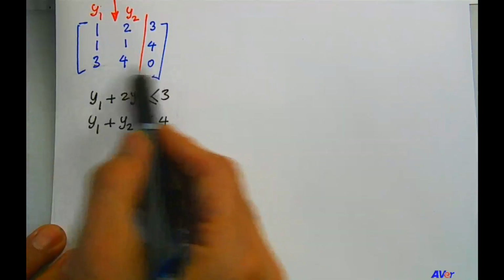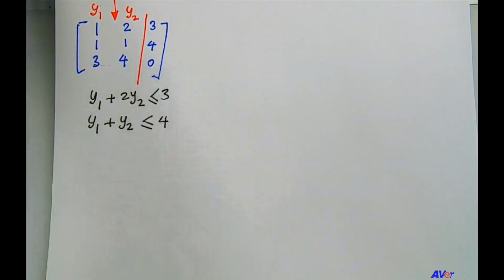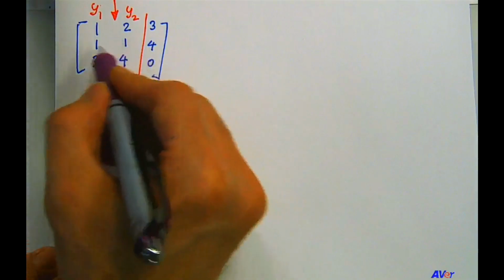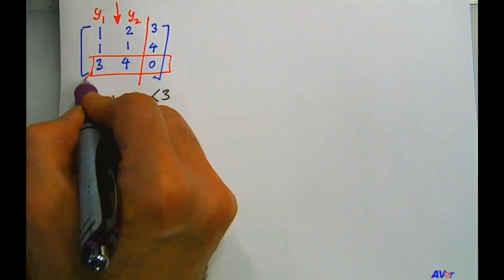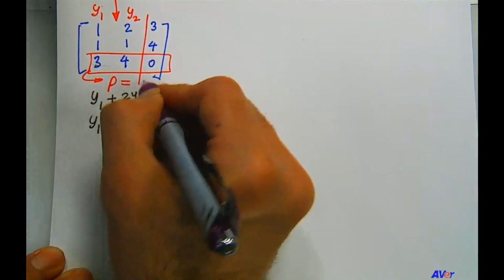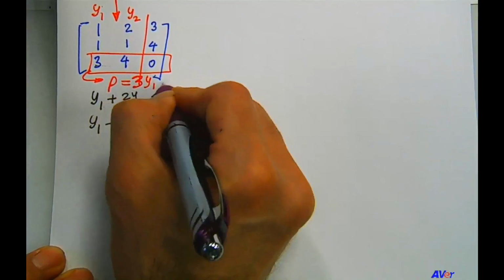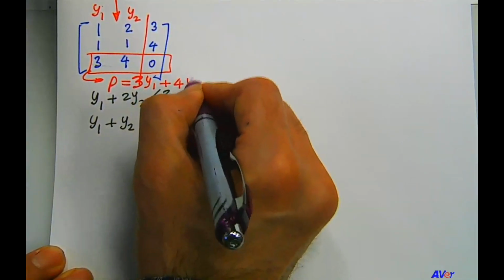And from the bottom row, we have the objective function, right? From these numbers, we have P equals 3y1 plus 4y2.